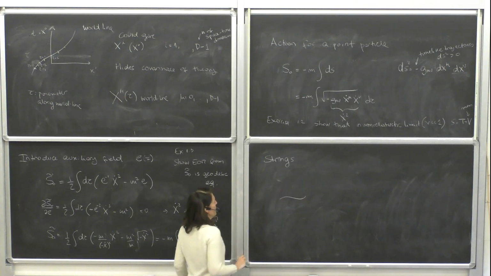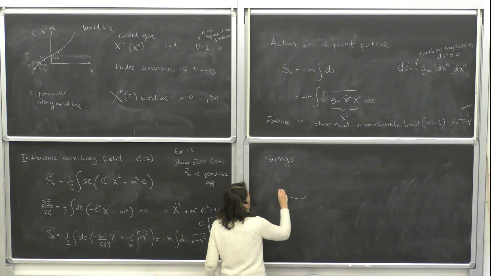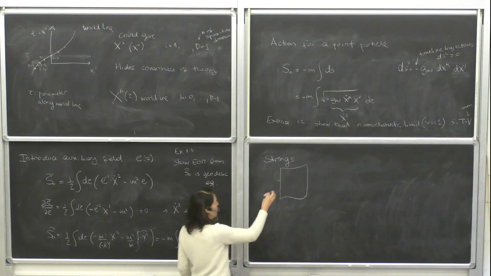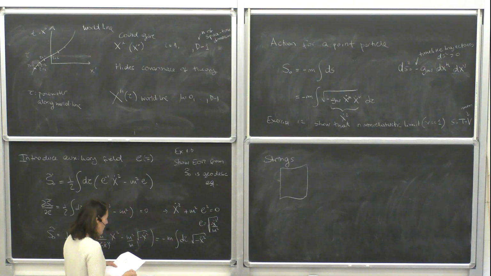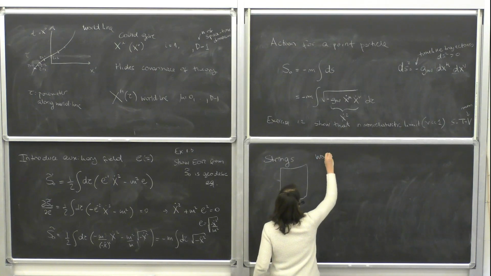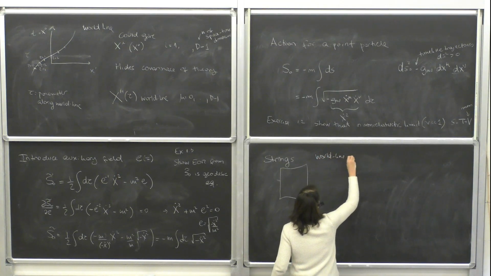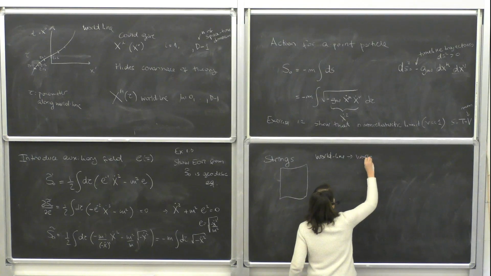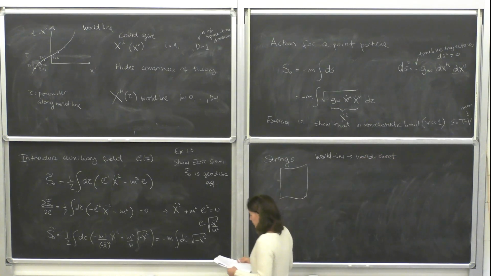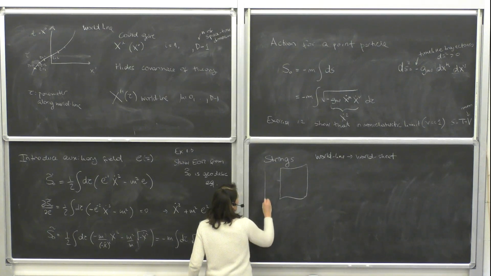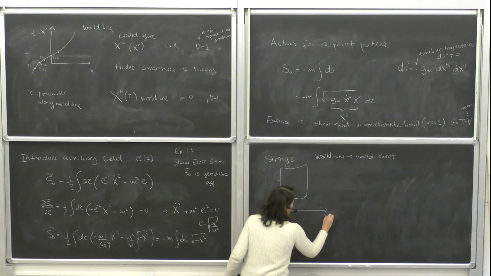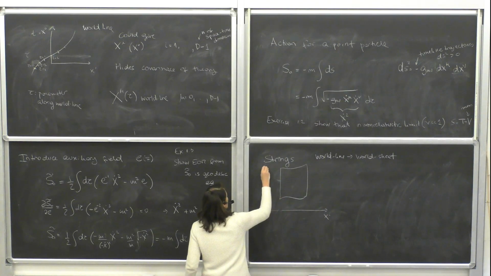When it moves in space-time, it sweeps a 2-dimensional surface, which is called the worldsheet. So instead of a world line, now we have a worldsheet. And this worldsheet, let's do xi and x0.